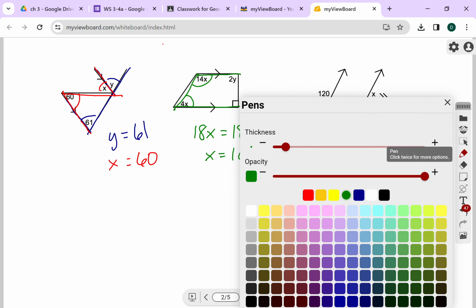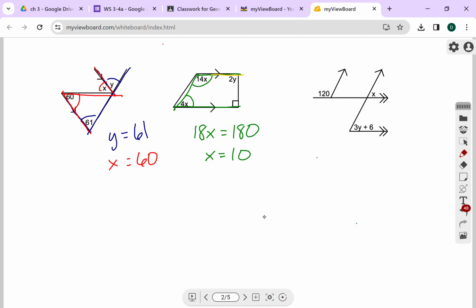Otherwise, on the other side, I still have parallel lines, but I also have other ideas with parallel lines. These two angles are also same side interior, but because one side is perpendicular, the other side's also going to be a right angle.